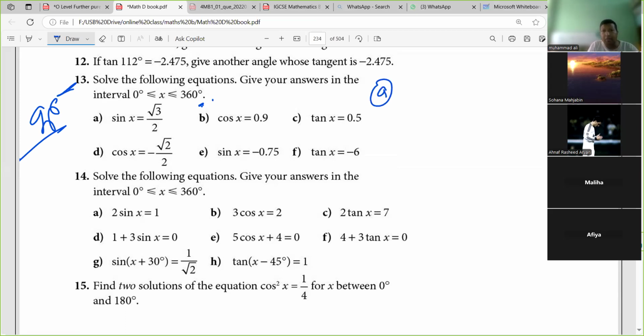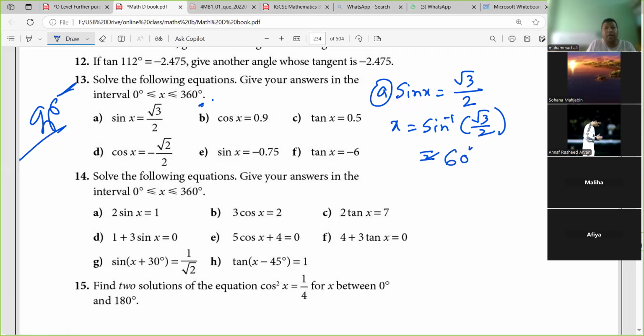Like sin x equals root over 3 by 2. X equals sine inverse root over 3 by 2. If your calculator is in degree mode, sine inverse root over 3 divided by 2 will be 60 degree. Here the interval is 0 to 360 degree.